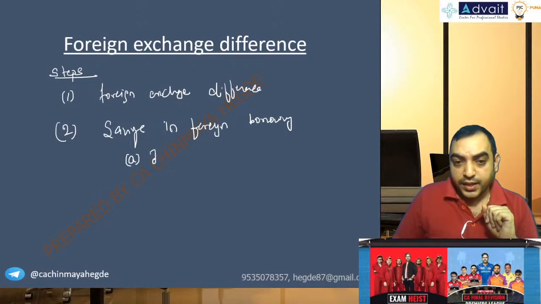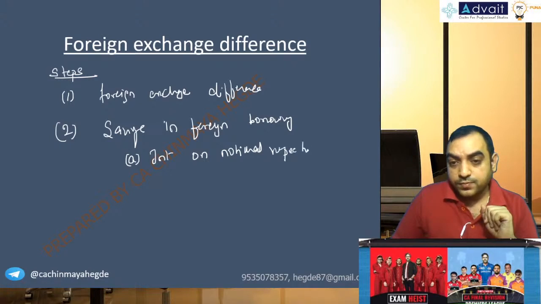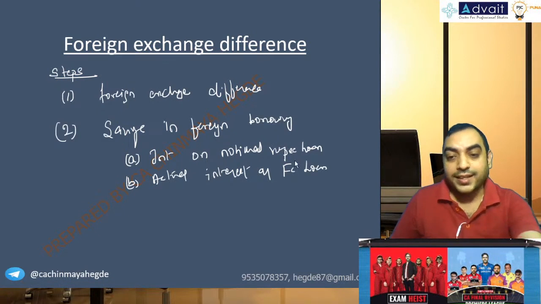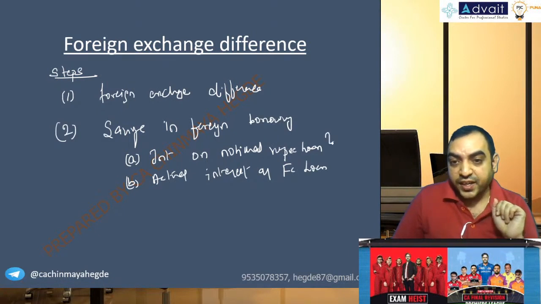Point A, interest on notional rupee loan, and second, actual interest on foreign currency loan, on dollar loan, let's say.